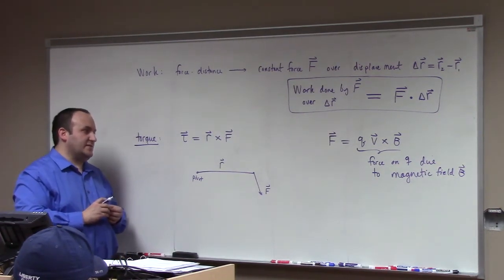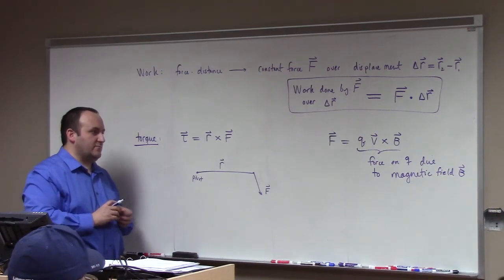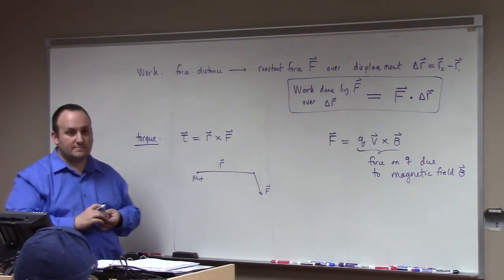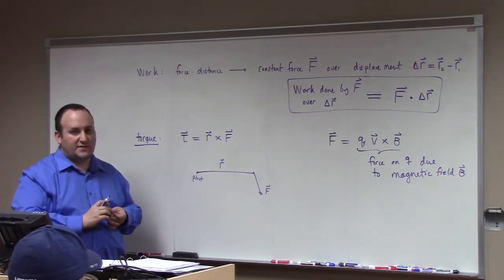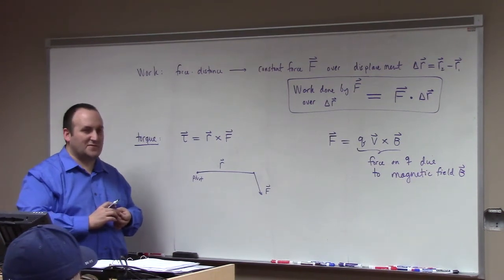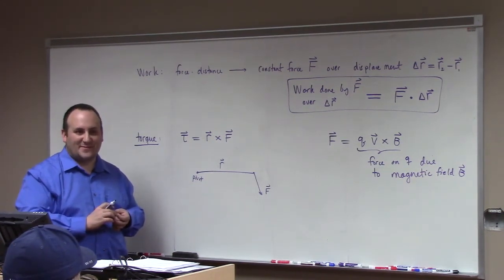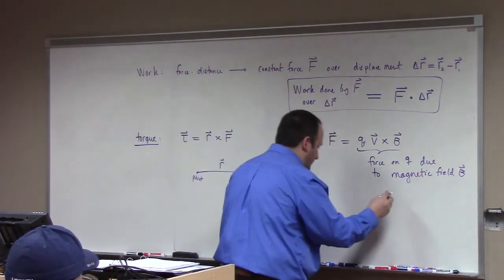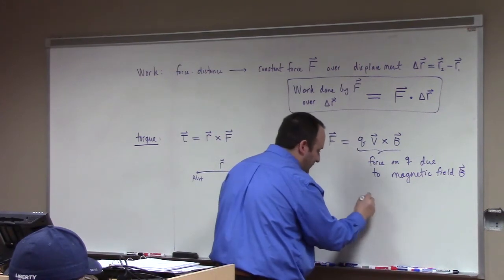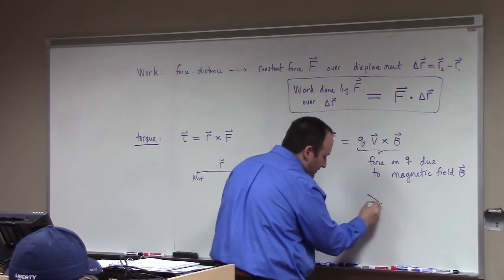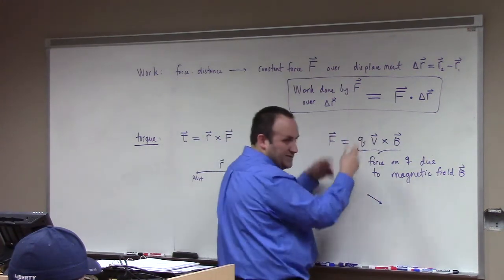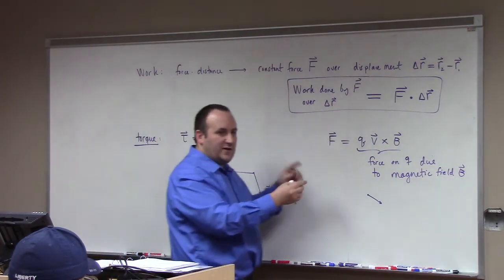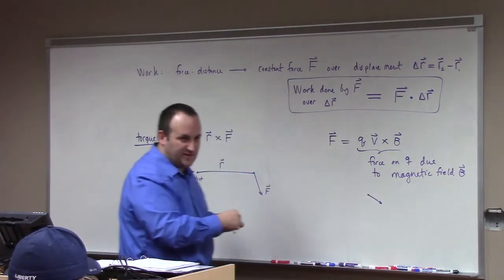So you can ask the question: if you take the magnetic force and let it act on some particle over a displacement, do you do any work? Suppose the force is constant for our current discussion. Don't ask me how that's possible. If you think about a little infinitesimal displacement, from this point to this point, they're really close together, so essentially the force is constant, to a good approximation anyway.